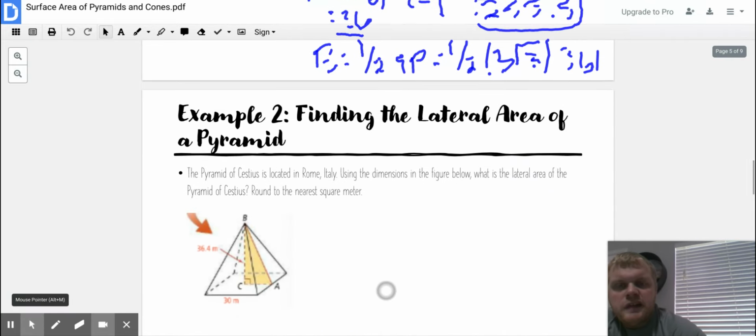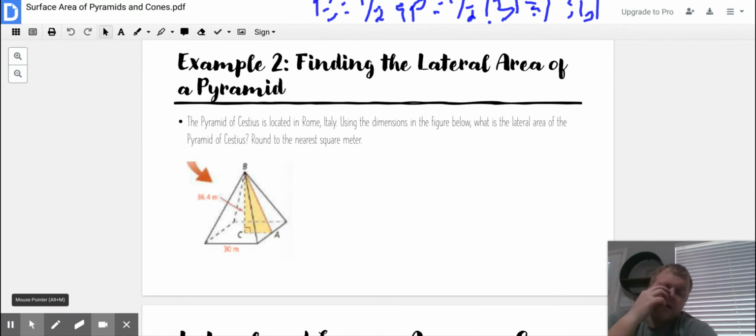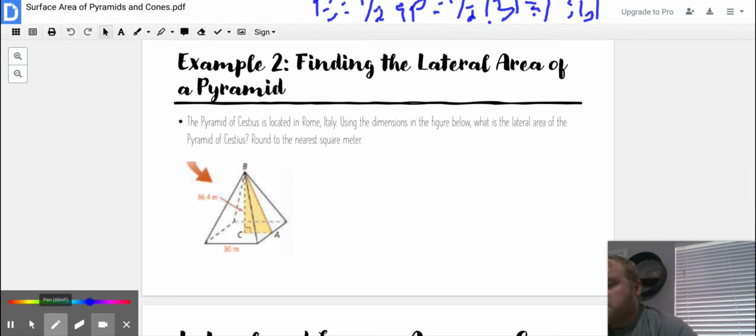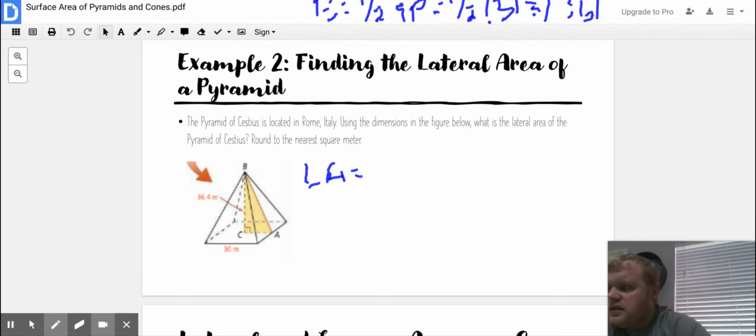Okay. So let's take another look. On example 2, now we're just looking for the lateral area of a pyramid. Remember, for our lateral area, that's not LA plus 2B. So we are just looking for the LA. If we go back to our formula, LA should be 1/2 PL.